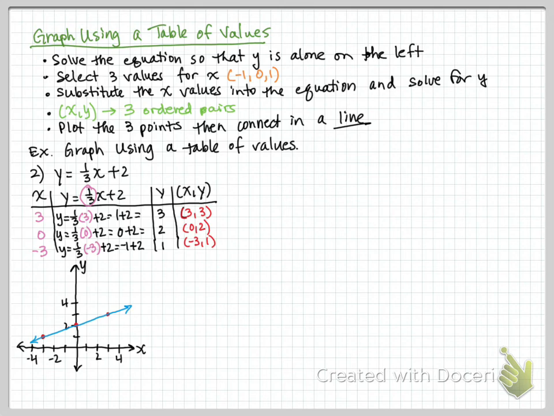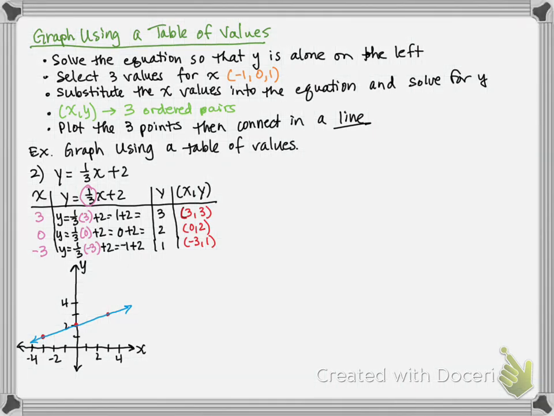So I'm going to go ahead and take off my graph paper for the moment. And then we're going to go ahead and do our second example. And this one on this side is going to create a little bit more work for us because it's in standard form. And we need to get it so that y is alone. And again, I'm sure some of you already know what that's called.